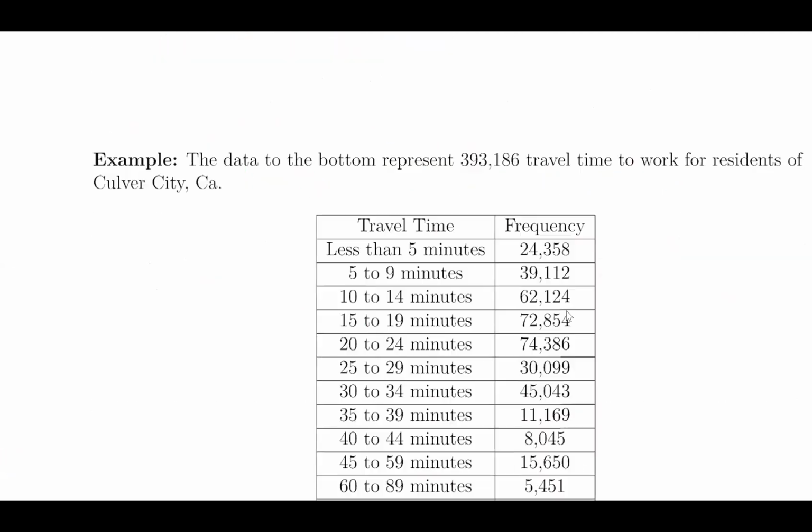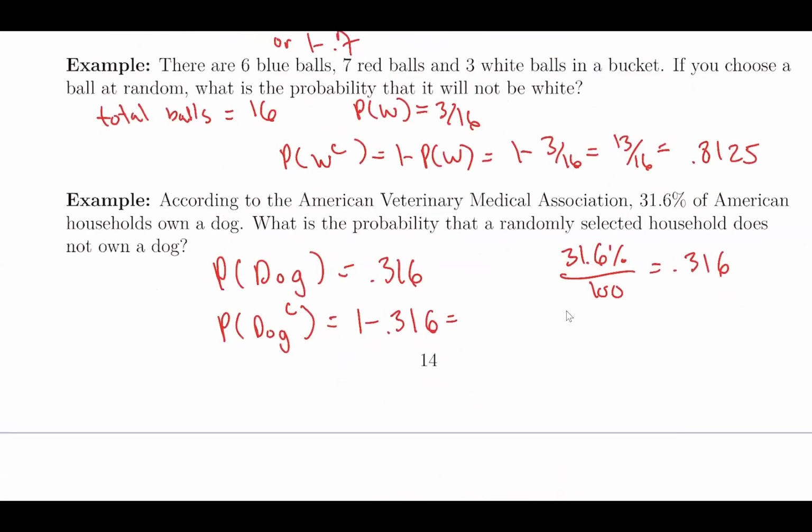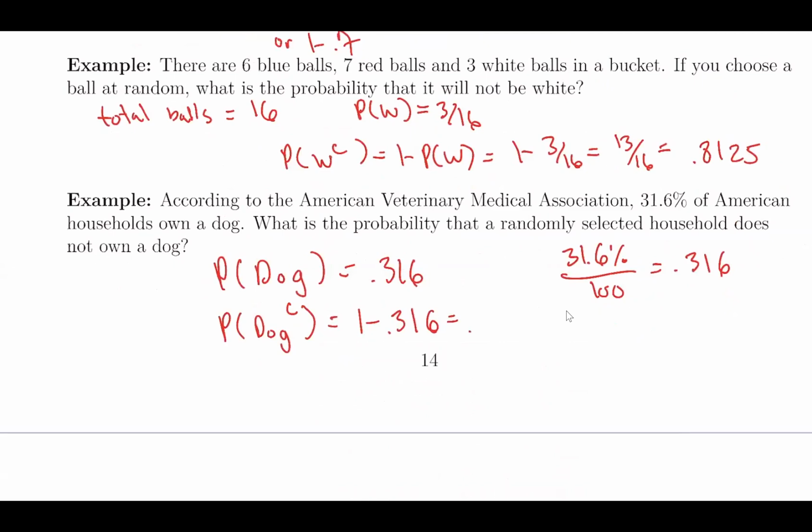Cool, thanks, Stephanie. Oops, sorry about that. And you get 0.684. Or if you only wanted 2 decimal places, that gives you 0.68. All right, but that's it for the last problem. Any question in regard to the last problem?